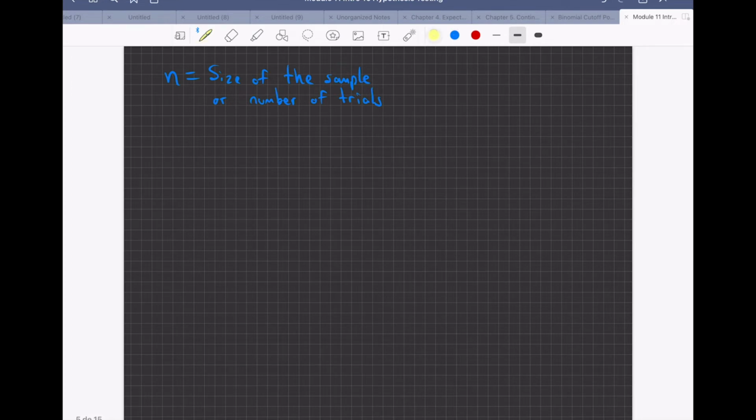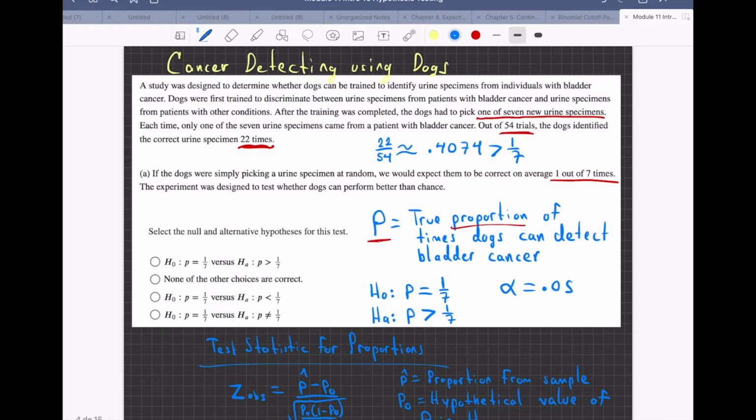Here, in this exercise, P hat is what? We have to divide the number of successes by the number of trials. In this case, it was 22 times out of 54.